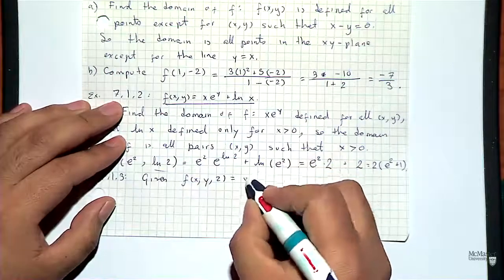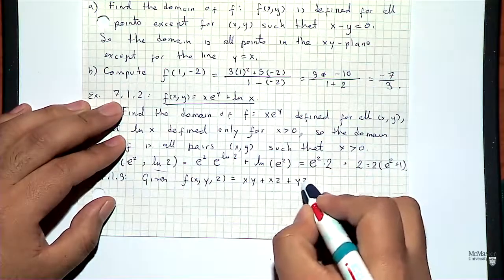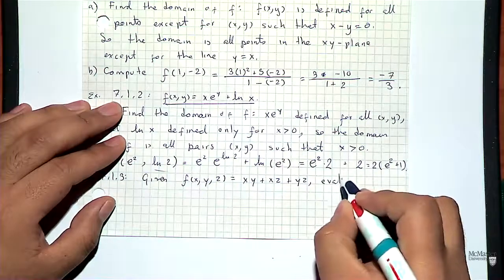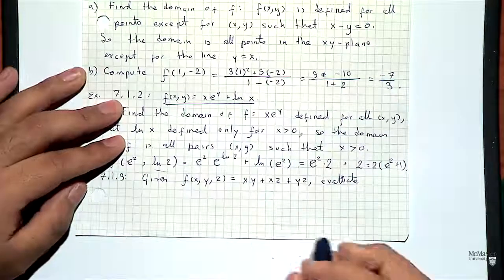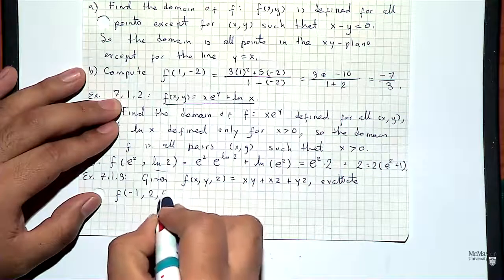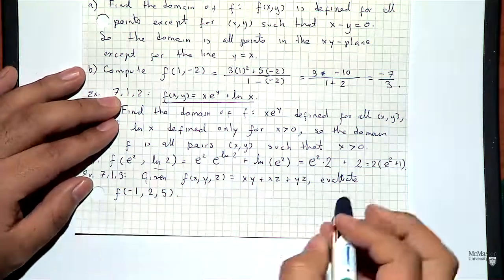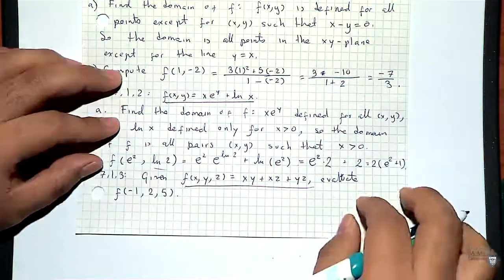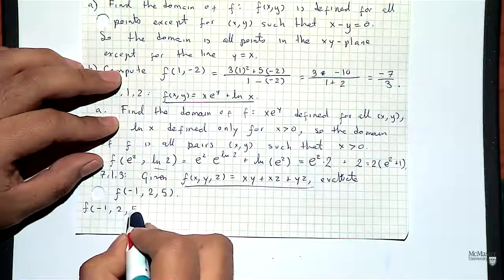The rule is of the form xy plus xz plus yz, and you have to evaluate, sorry for the messy thing, f of minus 1, comma 2, comma 5. So this is what you have to compute. If you do the computation, it's basically use this rule. So f of minus 1, comma 2, comma 5.